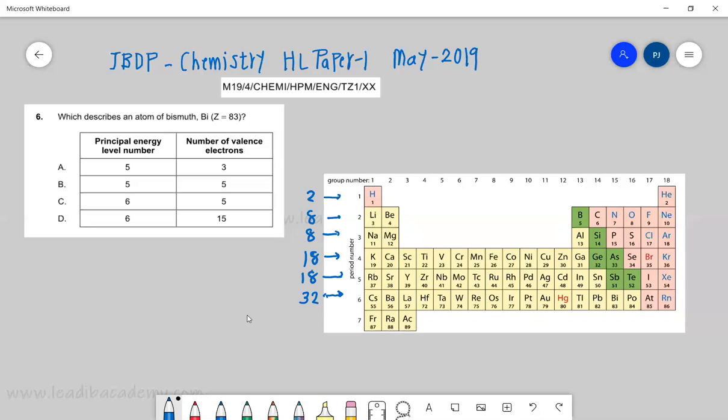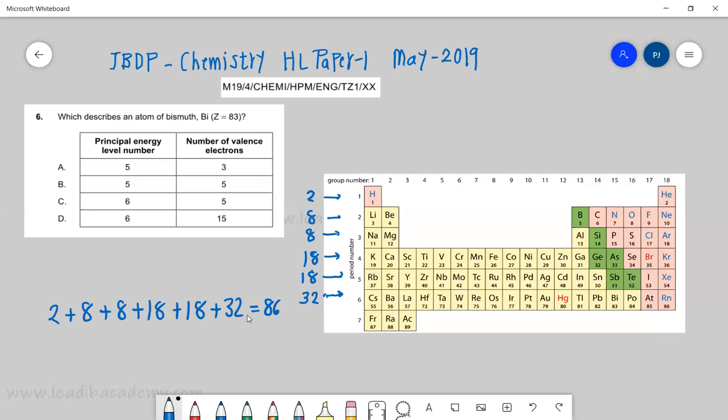So 2 plus 8 plus 8 plus 18 plus 18 plus 32 will give us 86 electrons. Simple.